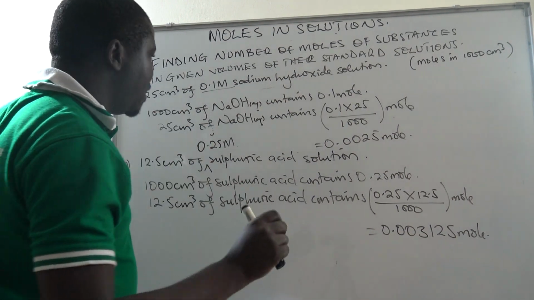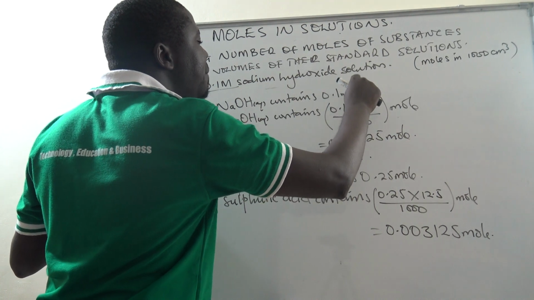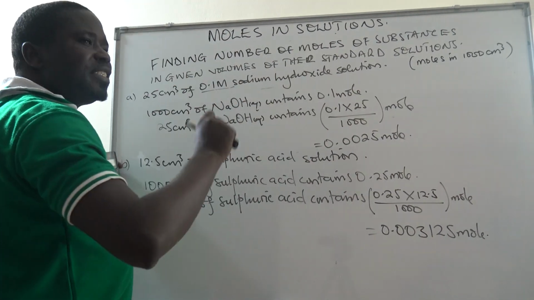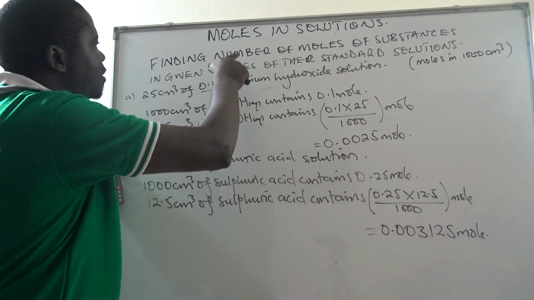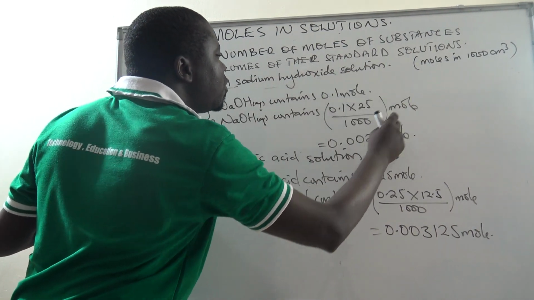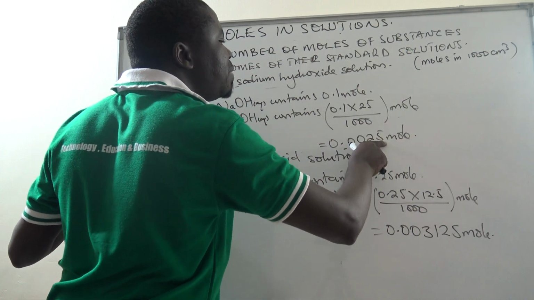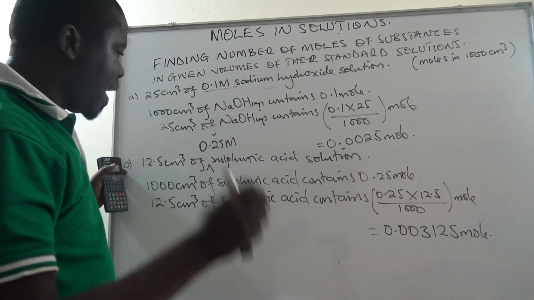So mark you that there is nowhere you are going to write capital M anywhere. Capital M is the value of molarity, and that is if and only if you have calculated molarity. But here we are calculating number of moles. So let the unit remain mole. Let it flow until when you get that number of moles, it will also be in moles, not capital M, because capital M is molarity.